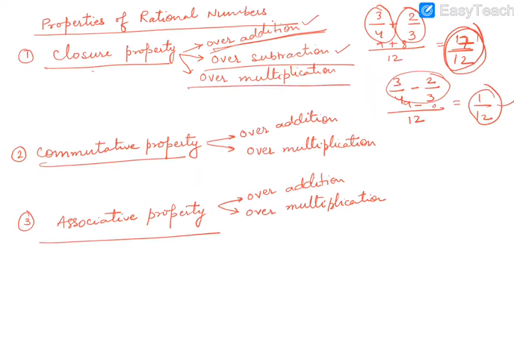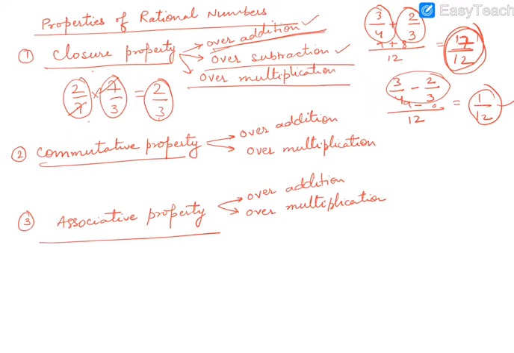When we multiply two or more rational numbers, the answer is again a rational number. So you can see 2 by 7 into 7 upon 3. So 7 cancelled, 2 upon 3. I have multiplied two rational numbers and again the answer is a rational number. This is known as closure property over multiplication.